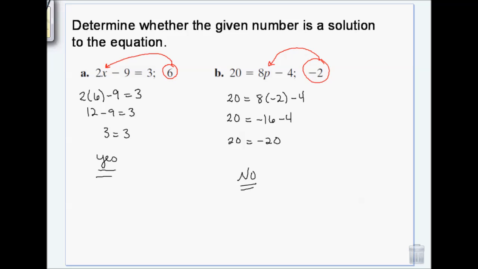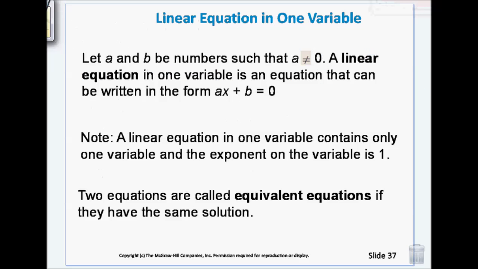A linear equation gives you a straight line when you graph it, which you'll be graphing later. But linear equations have no exponent on the variable. Okay.